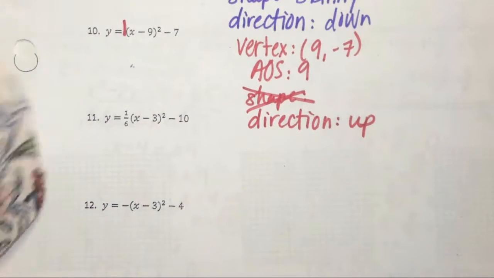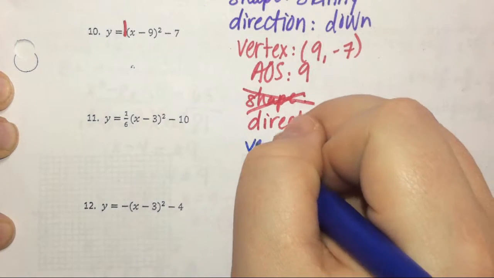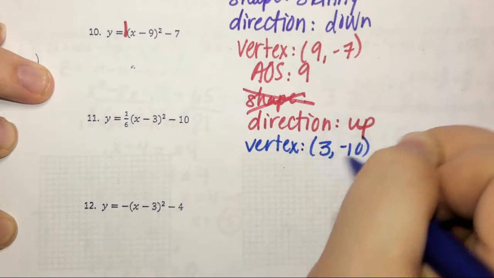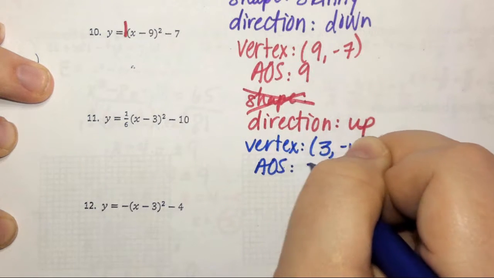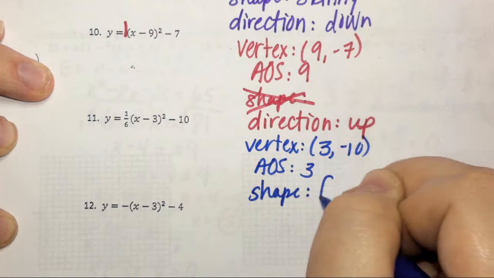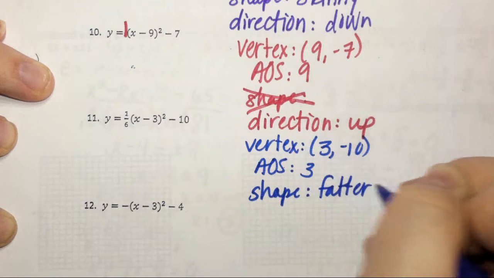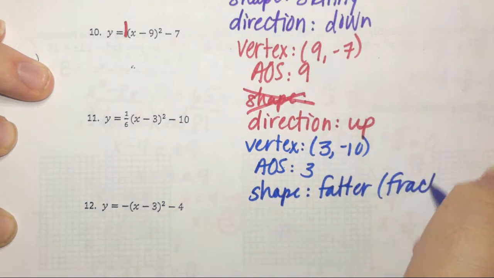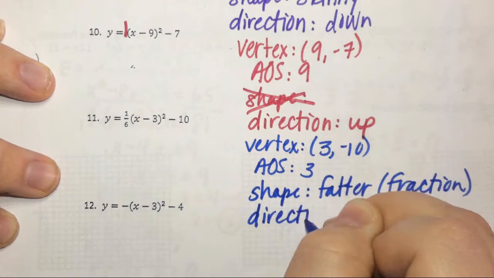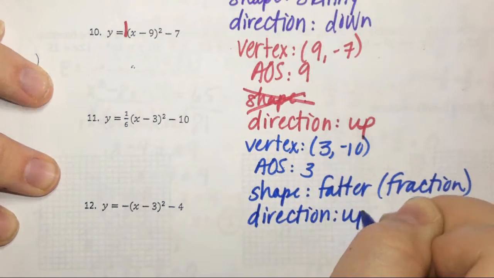Oh, now we get to number 11. Need to know that vertex. Yes, I need to know the axis of symmetry. I need to know the shape. Why? Because of the fraction. And the direction is up. She's calling it out faster than I can write.